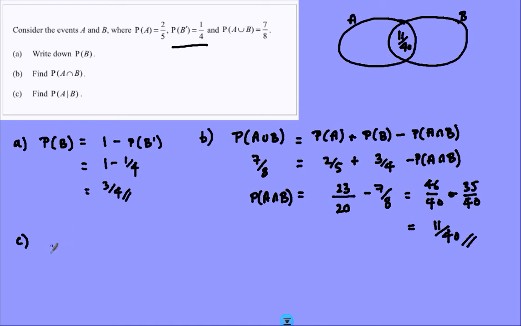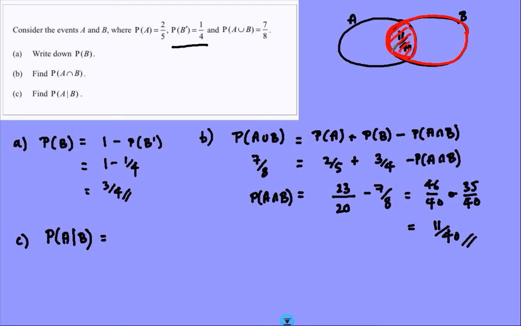Part C, this is a conditional probability. Probability of A given that B has occurred. Thinking of the Venn diagram again, the probability of A, given that B has occurred, means that we're in B, we assume B has happened, and we're after the probability of A. That's to say this section here.